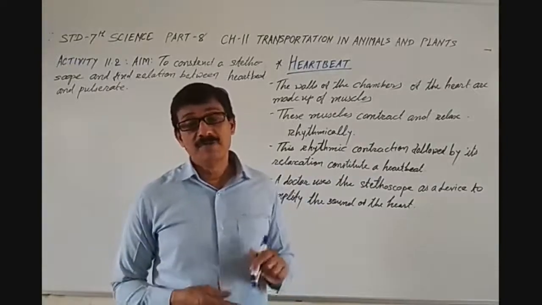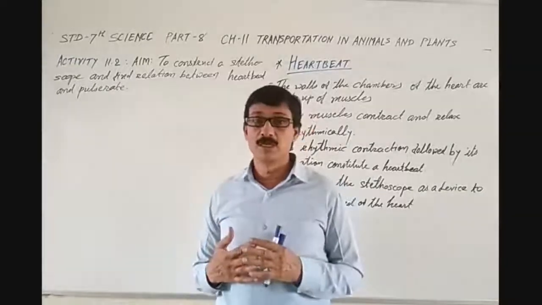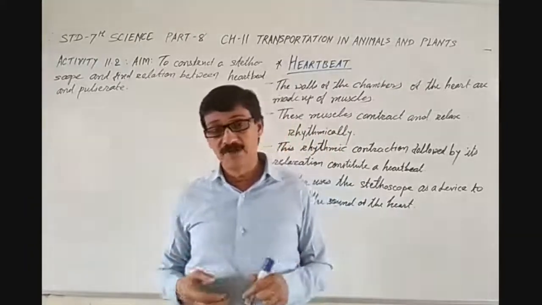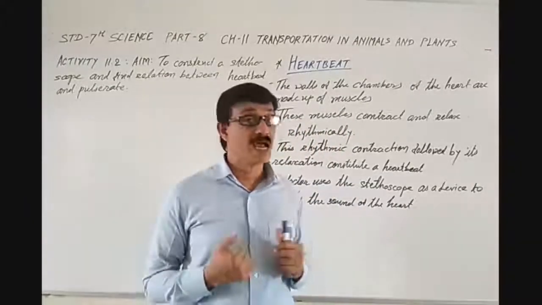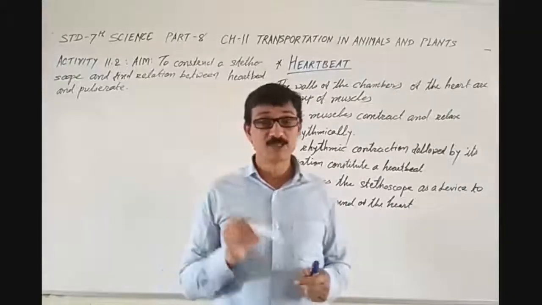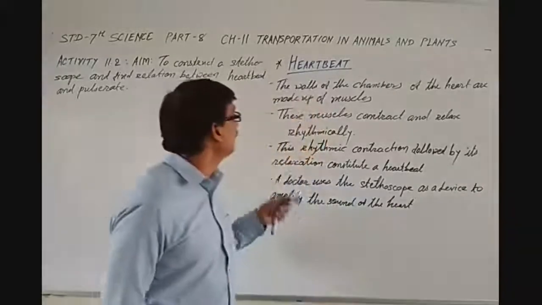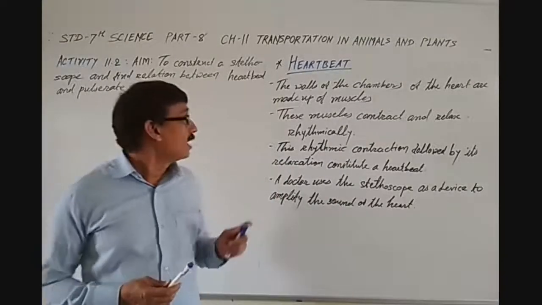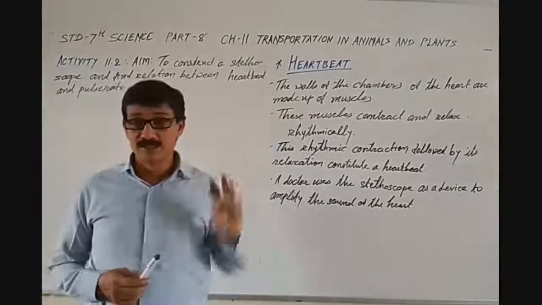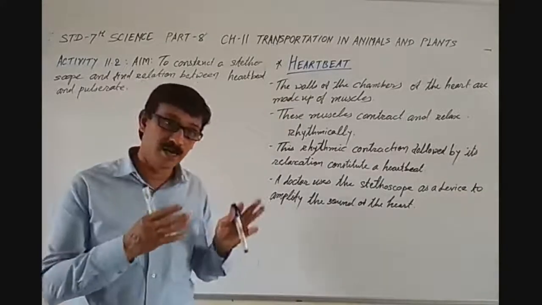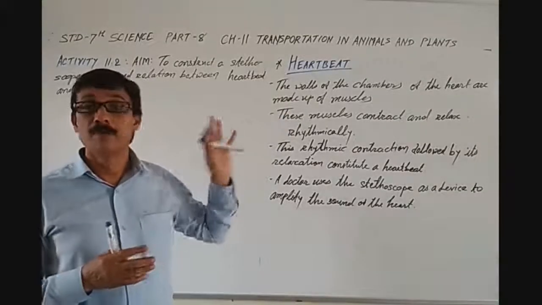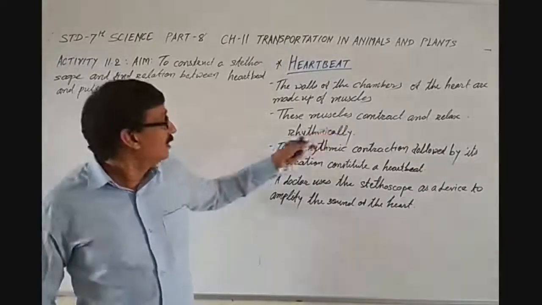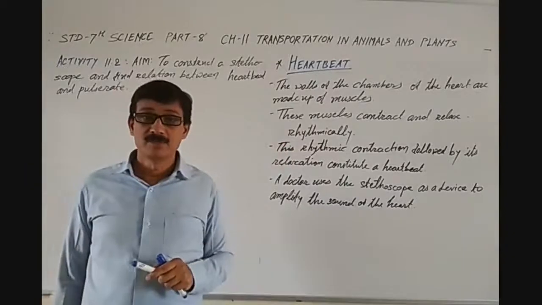In the last part we discussed the structure, internal structure and function of the heart. Then we started the discussion about heartbeat. We said the walls of the chambers of the heart are made up of muscles. These muscles contract and relax rhythmically.